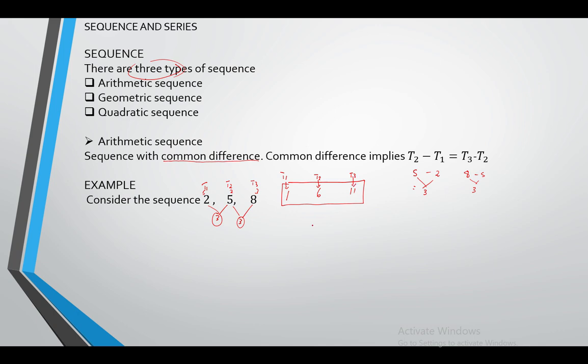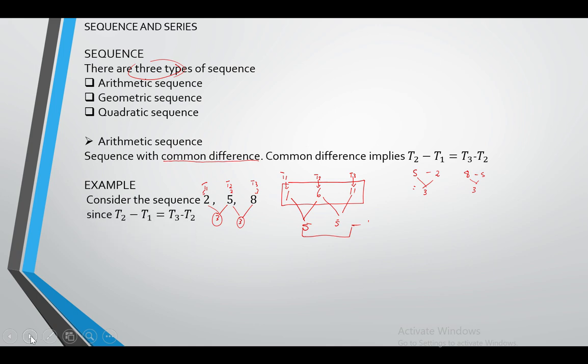The difference between term 2 and term 1 is 6 minus 1, which is 5. The difference between term 3 and term 2 is 11 minus 6, which is also 5. So 5 is a common difference. An arithmetic sequence is a sequence with a common difference.